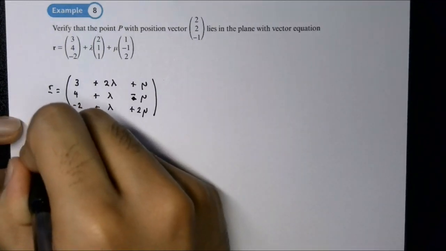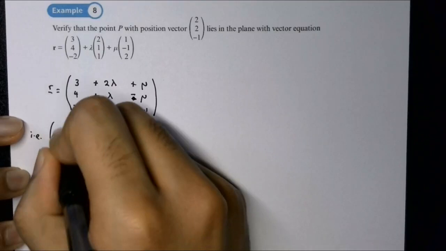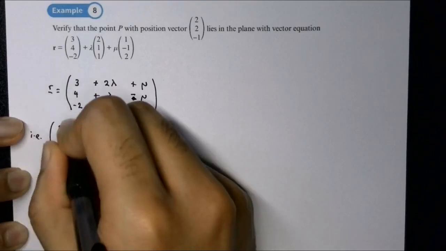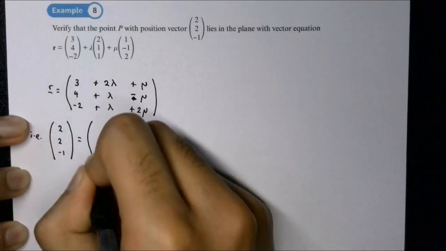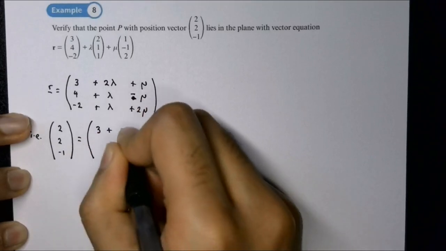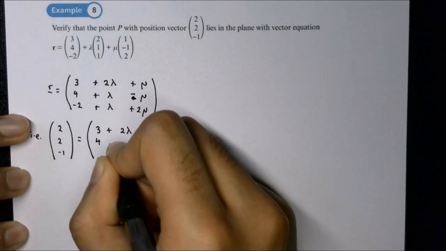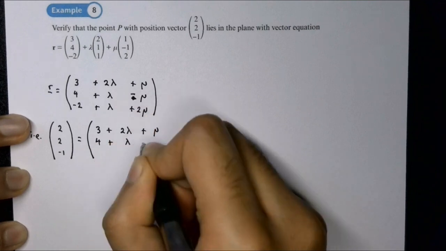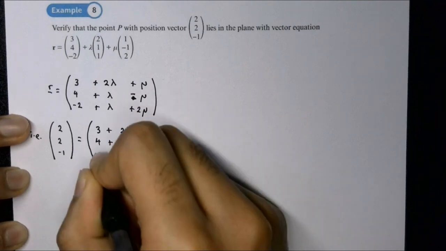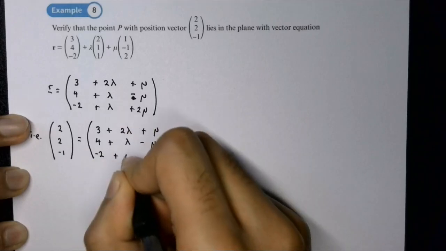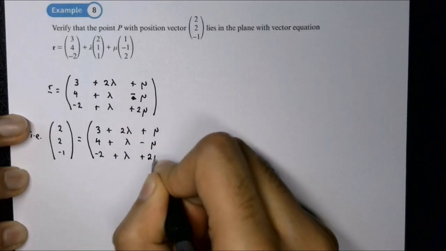So we've got 2, 2, minus 1 equals 3 plus 2 lambda plus mu, 4 plus lambda minus mu, minus 2 plus lambda plus 2 mu.